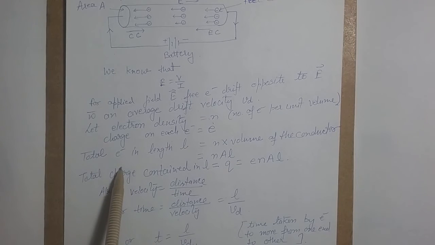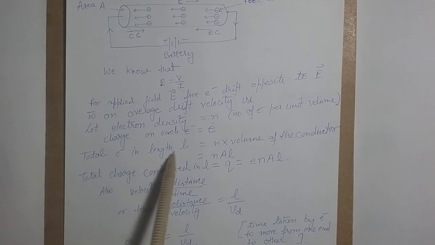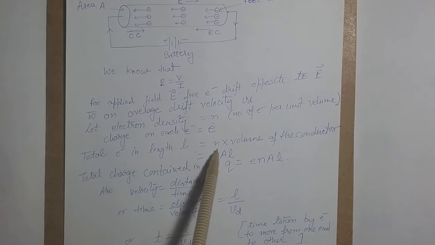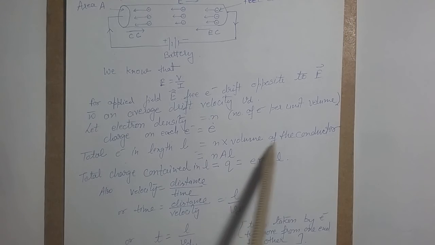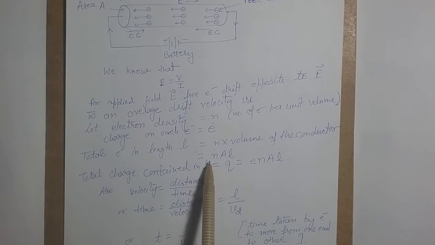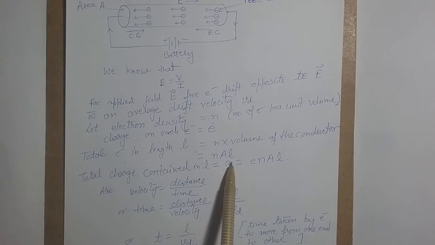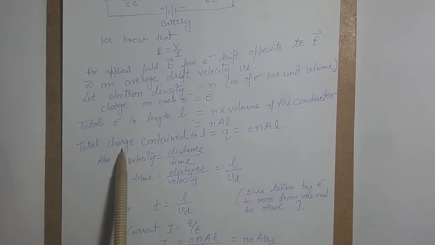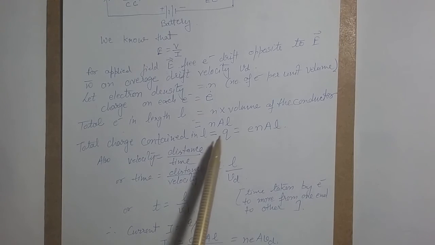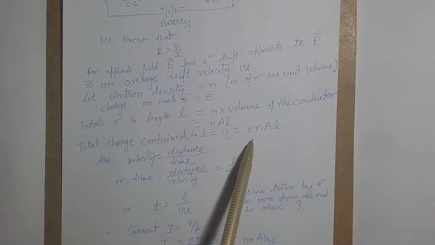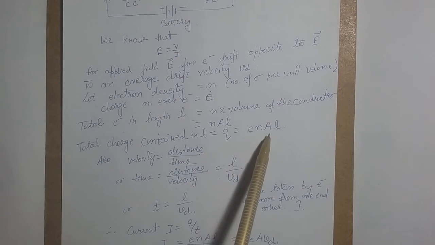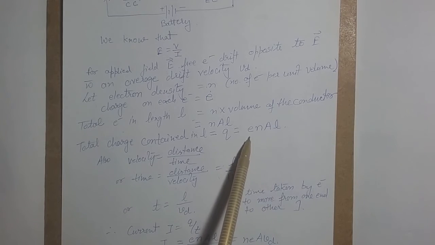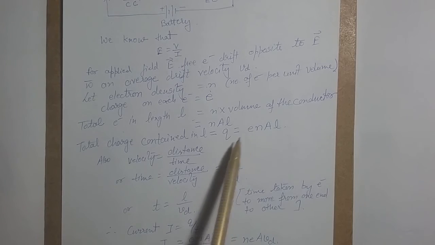So the total number of electrons in this length L will be the electron density n times the volume of the conductor, which is A into L, that is area into the length of the conductor. So the total charge contained in a given length will be Q, equal to n e A L, where e is the charge on a given charged particle.